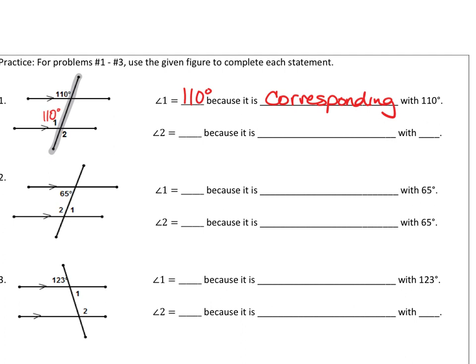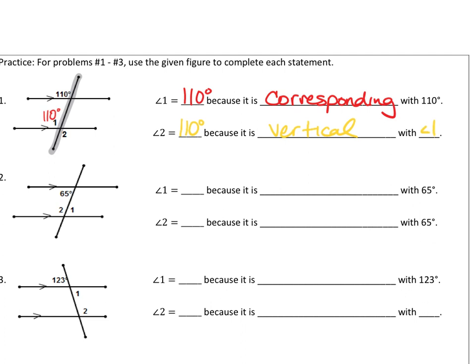When they're across from each other like that, what is that called? Vertical angles. And vertical angles are congruent, which means we automatically know that angle 2 is also 110 degrees because it's a vertical angle with angle 1.